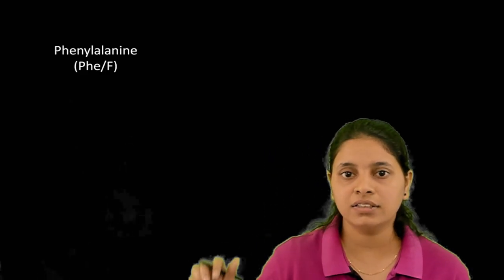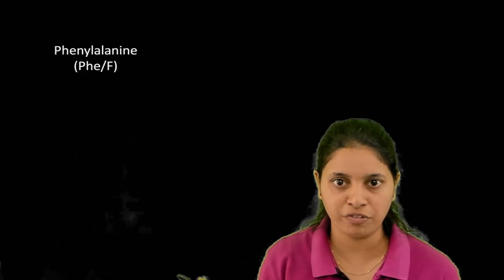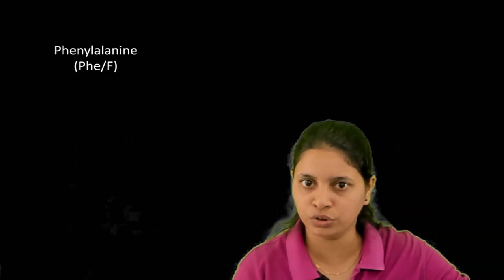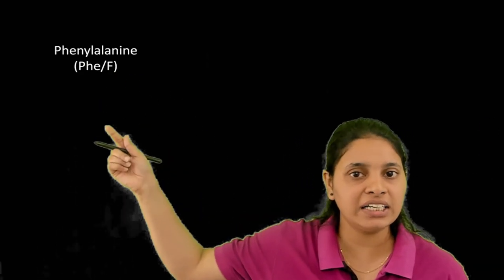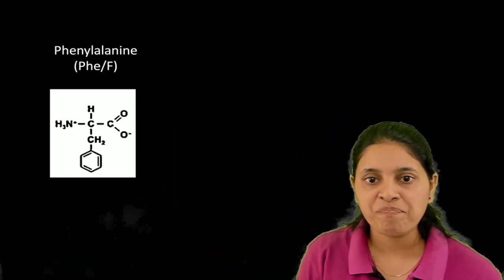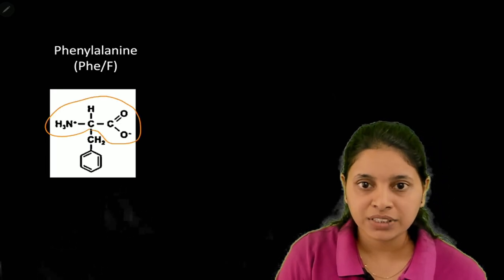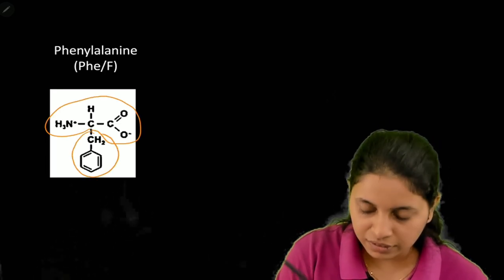Next, phenylalanine. The three letter code is PHE and single letter code is F. Now we can't use P because P is for proline, we have already used it. So phenylalanine is represented by the letter F. Now see here, what's the structure? This is the constant part and this is the side chain part, right?